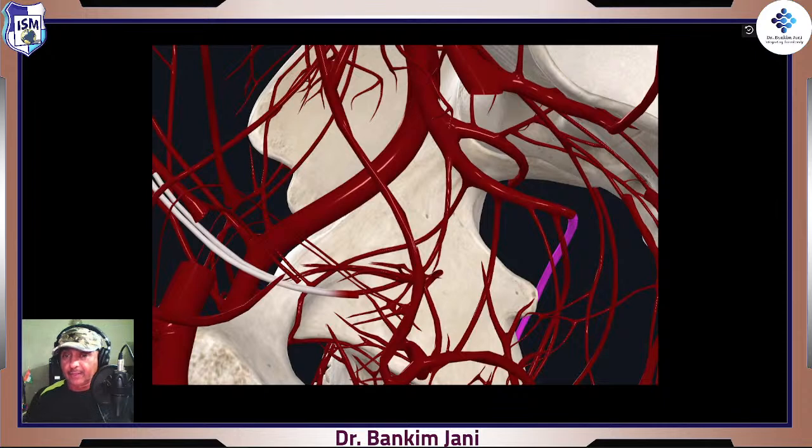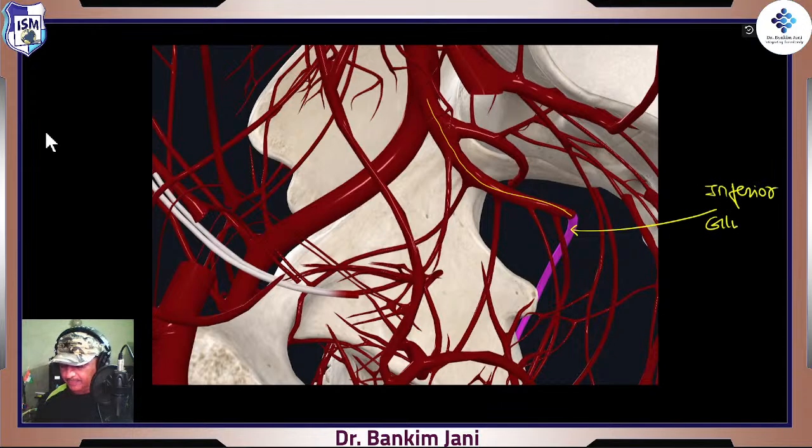Yeah. Now see, that one was the obturator, right? But all the way, this is going on, and it is continuing over here. And it is going posteriorly, right? So this is the inferior gluteal artery. This one was the obturator, and this last one is the inferior gluteal, right?